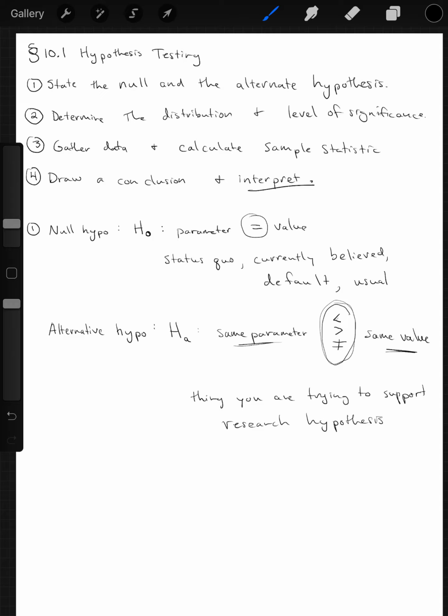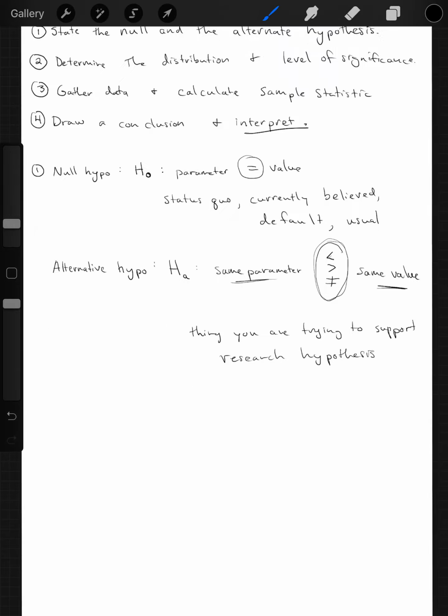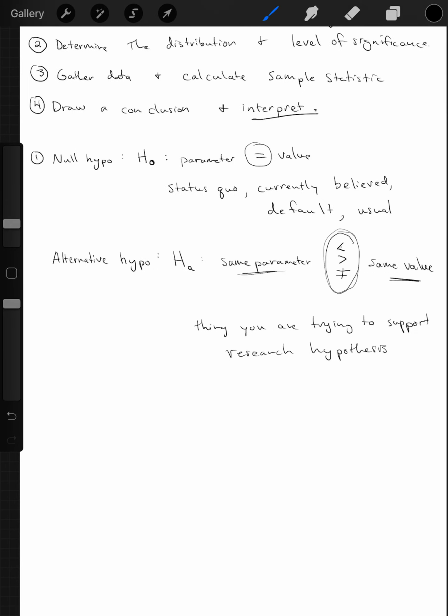Instead of the average being 5, maybe you think it's more than 5. Or maybe you think it's less than 5. Or maybe you don't know what it is relative to 5, but you're just pretty sure that at least it's not equal to 5. Right? So that's where we get our null and alternative hypotheses.